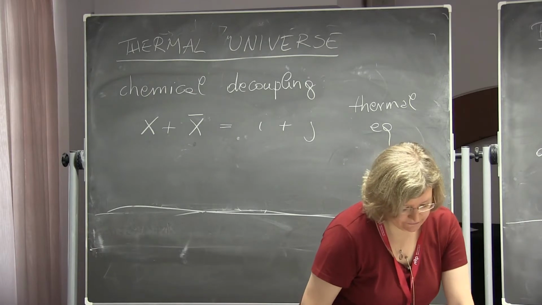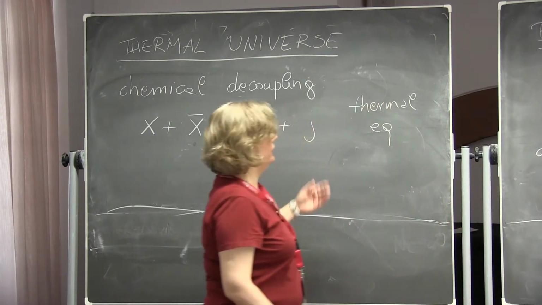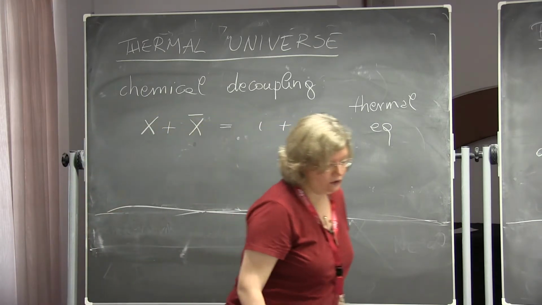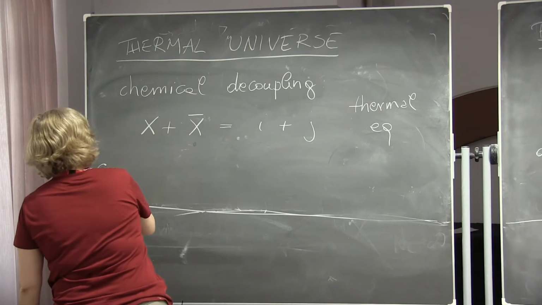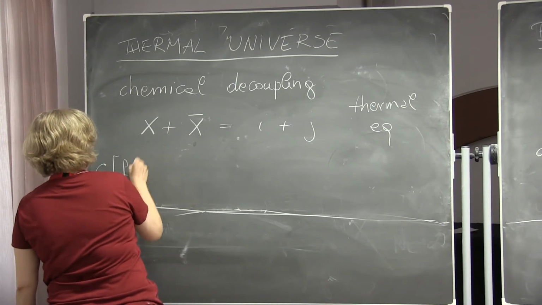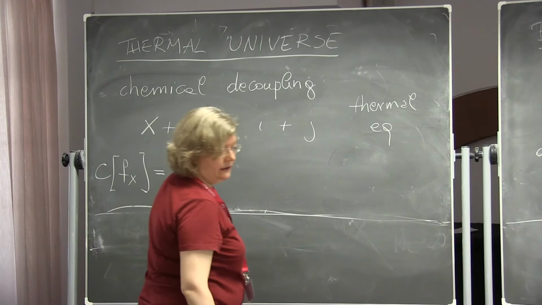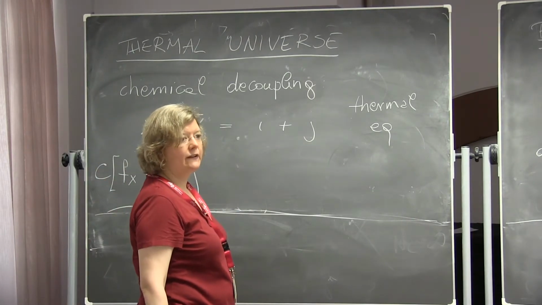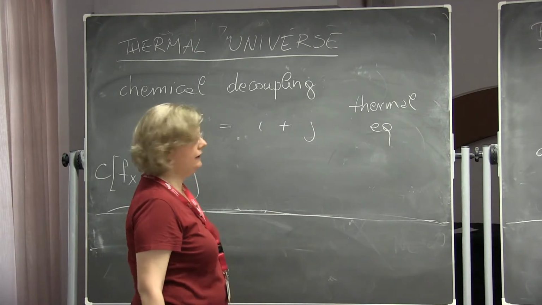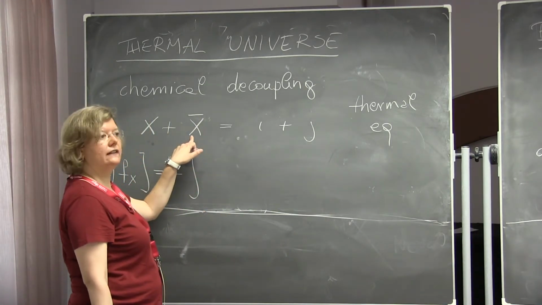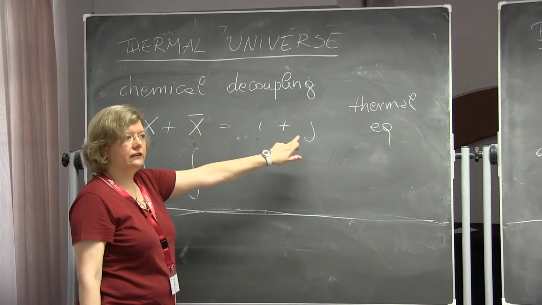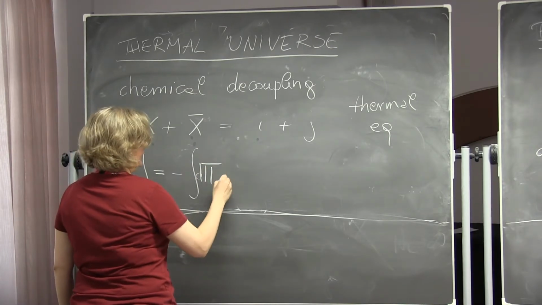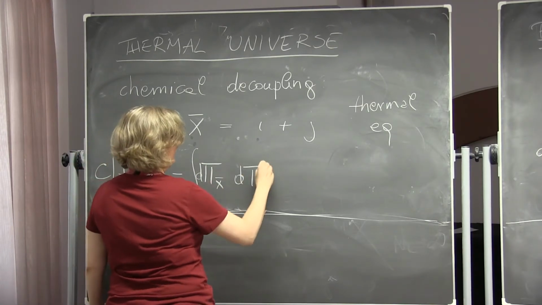And then you can write the collision integral, because we have to consider these processes in the collision integral. And the collision integral takes the following form. You have a minus. You have to integrate over all the phase spaces of the other particles, which are not x. So I have to integrate over the x bar, the i and the j phase spaces. And I will write this in this funny form with a big pi.